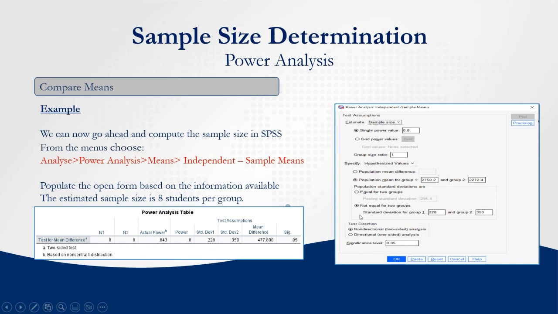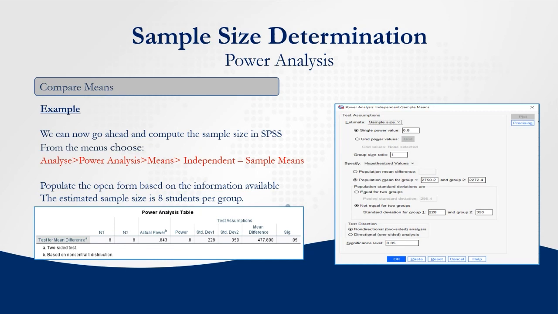And then here you can specify whether it's two-sided or one-sided. I've specified two-sided because I don't have any reason to test one direction. And then that would estimate the sample size for you. So you can see those elements that we have been discussing, the power. If you are using this approach, you don't need to talk about the population size. You talk about the power and the level of significance.